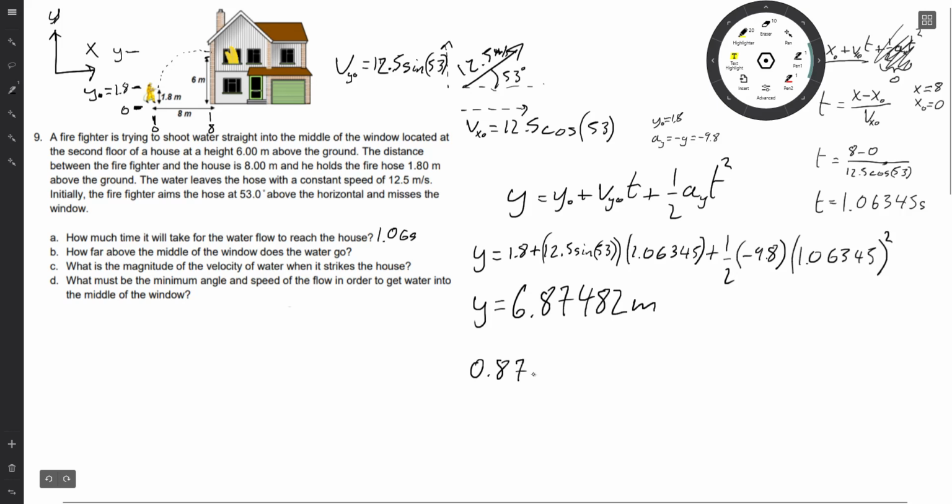We'll round it for this. It's our final answer. And that is how far above the window the water is actually hitting. So that's it. We now know how far above the window the water hits. So let's minimize this.